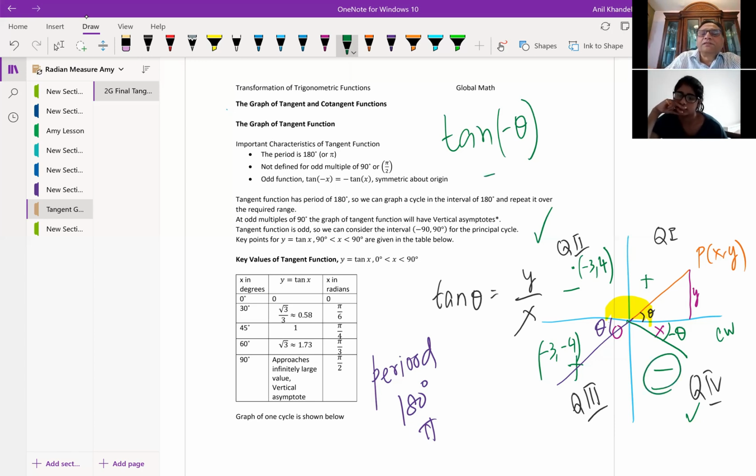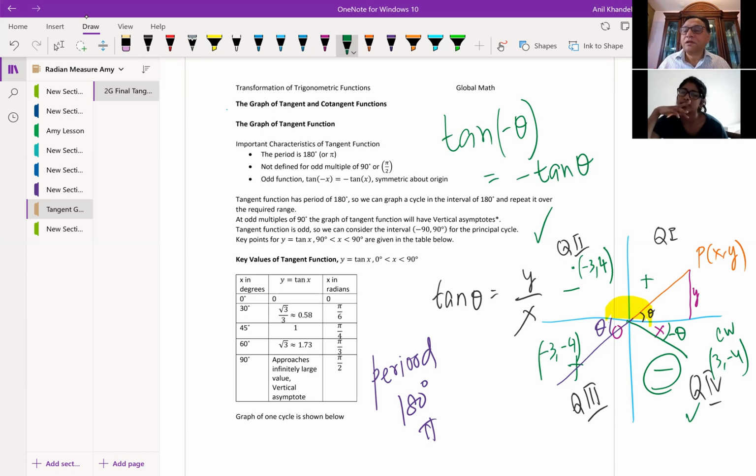So if I do minus theta, the value which I'm going to get is negative, right? So tan of minus theta is basically equal to what? It is equal to minus of tan theta, which is flipped in that quadrant too. So if I have a value which is 3 and 4 here, then the value here will be 3 and minus 4. You get the idea. Just the value will be negative of what it was in quadrant 1.